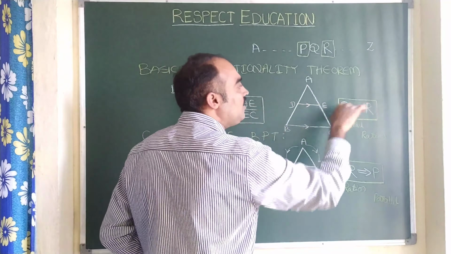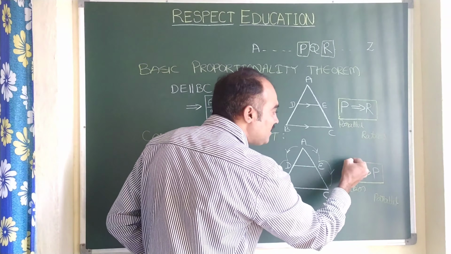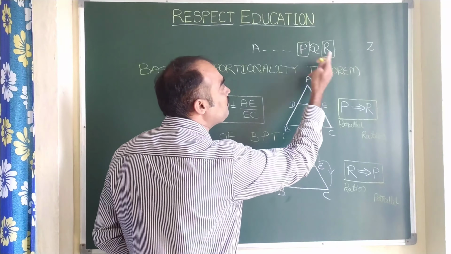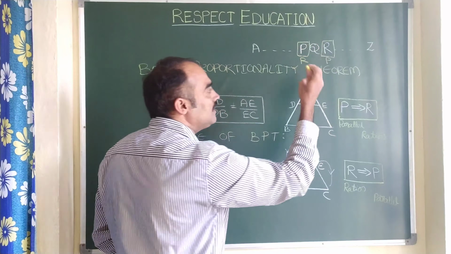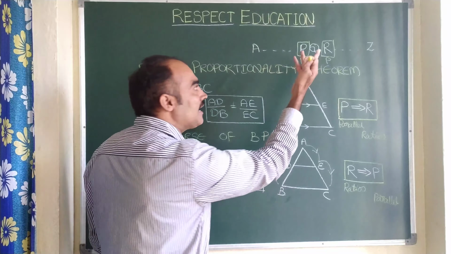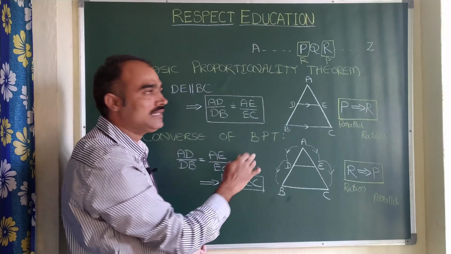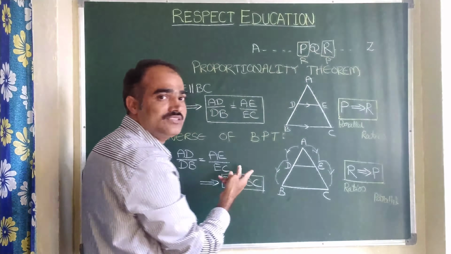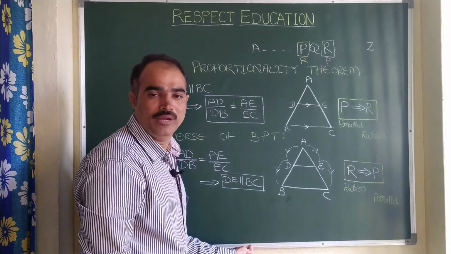If it follows the order, that is BPT theorem. If it is the reverse of the order, first R comes, then P comes, that means the order is changed, reversed, that is converse. You remember like that. So R implies P is the converse of BPT.